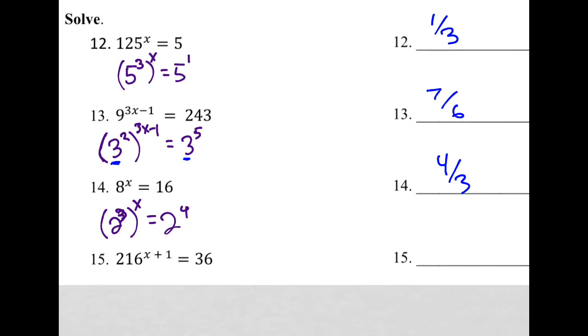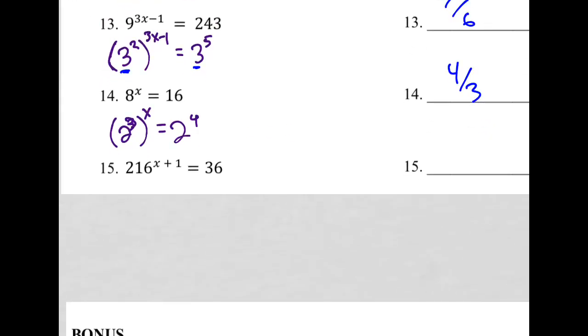15. Again, trying to get the same base. We're going to try to see if 36 will work. It will not, but it does look like 36 could be rewritten as 6 squared, and 216 would be 6 cubed. And that's just us playing with numbers to figure out what's going to work.